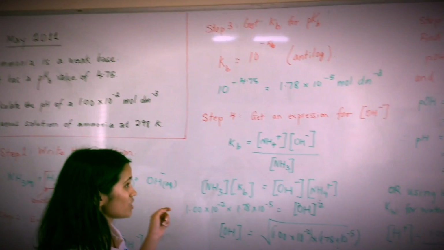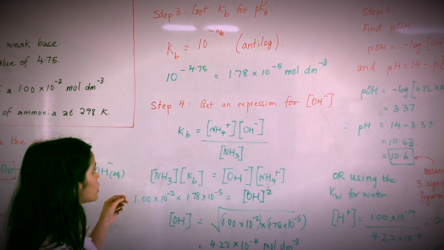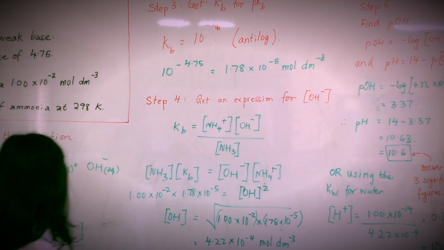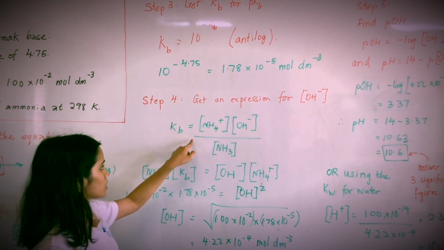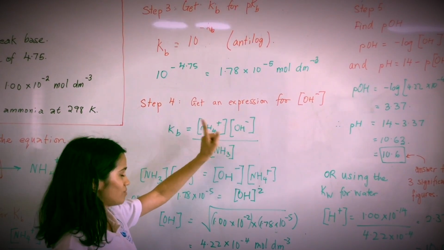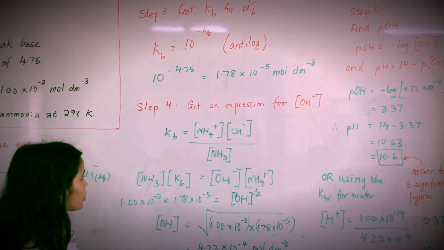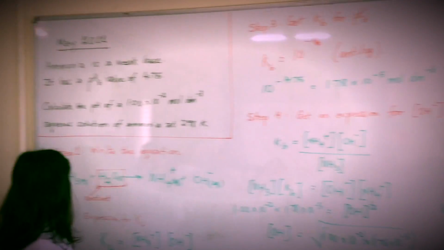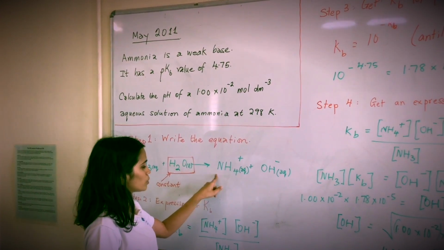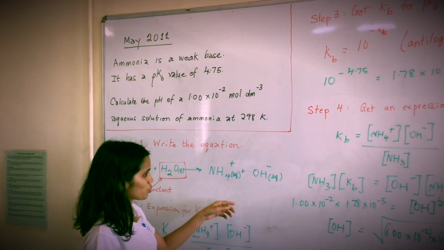Step 4 is getting an equation for the concentration of OH. The Kb, as we found earlier, was the concentration of NH4 multiplied by the concentration of OH divided by the concentration of ammonia. From this equation, we can see that the ratio of ammonium to hydroxide is 1:1.